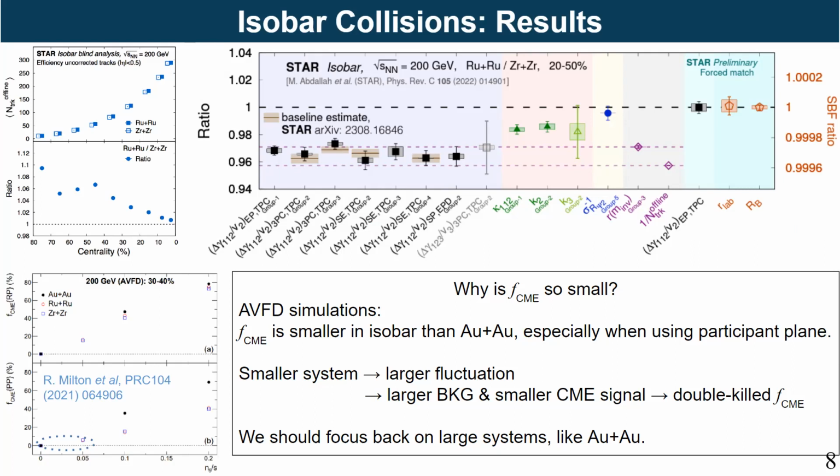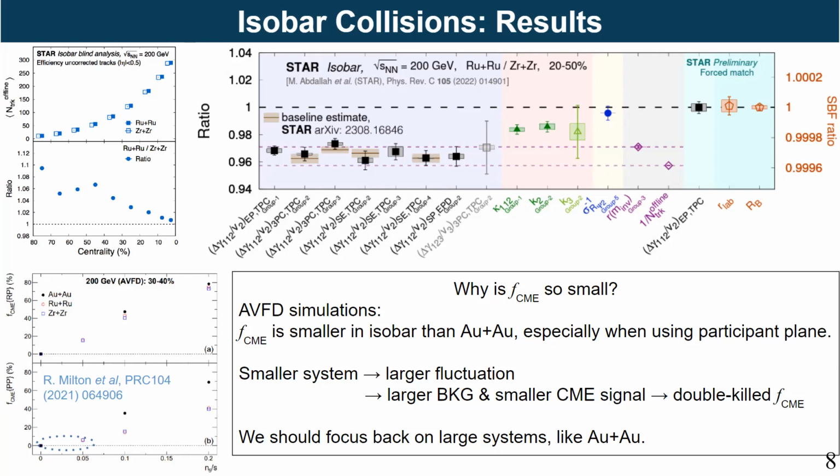Recently, STAR re-estimated the baseline in the post-blind analysis, which is the shaded bands. All the measurements are consistent with the new baseline. That means we do not see the signal. Although it's disappointing, it's more reasonable and acceptable.